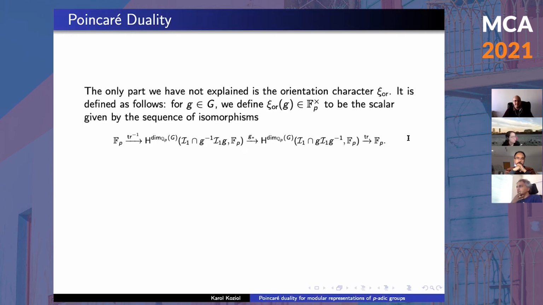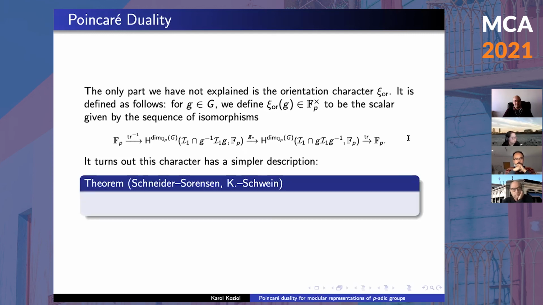If none of this made sense, that's fine, because this character has a much simpler description. This was a result first proved by Schneider and Sorensen, and another proof was found by myself and David Schwein, who is a PhD student of Tasho Kaletha. It turns out that this orientation character is always trivial, regardless of what the group is.